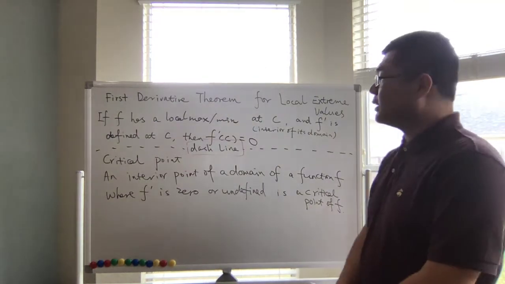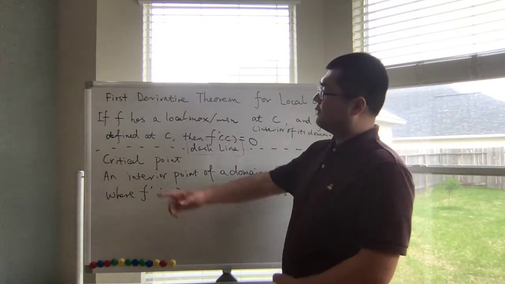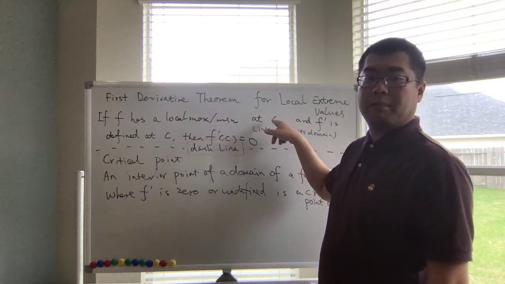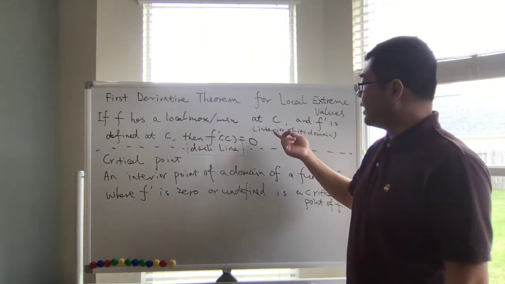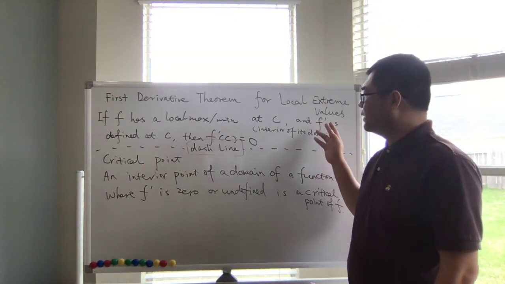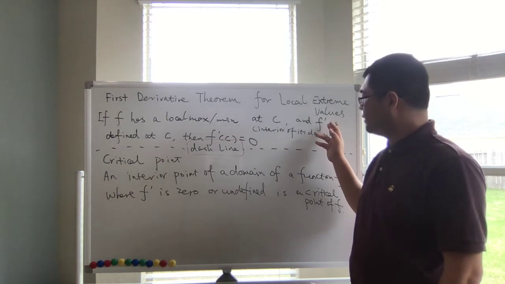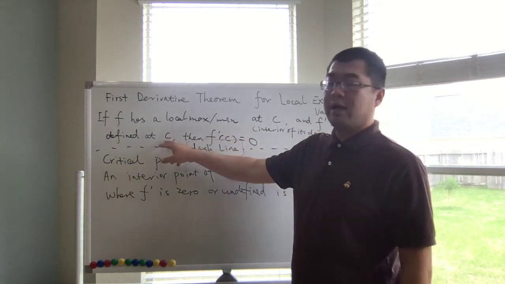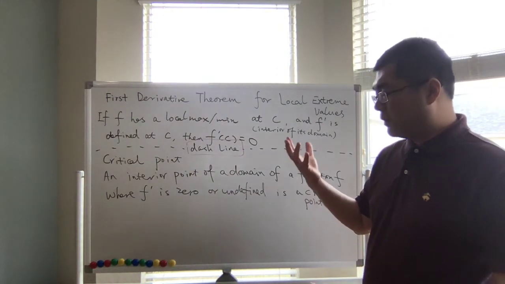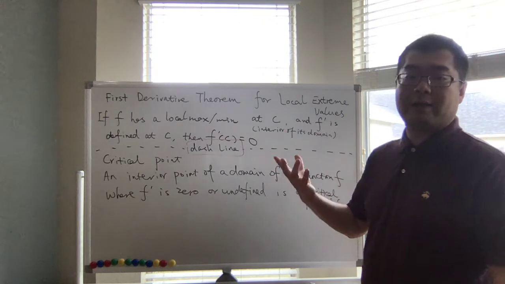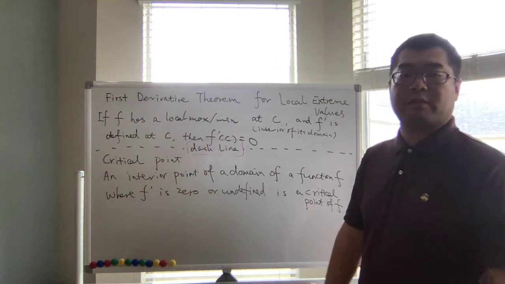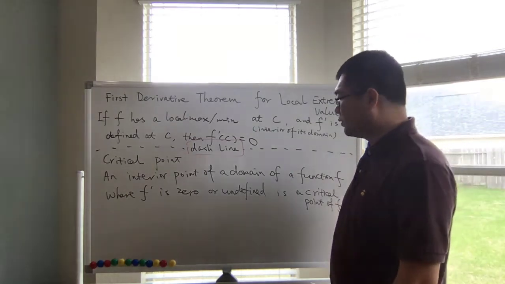It says: if the function f has a local maximum or minimum at a point c, and this point is an interior point of its domain, and also the derivative of the function is defined at this point c, then the derivative evaluated at this point c equals 0. So that's the first derivative theorem for local extreme values.